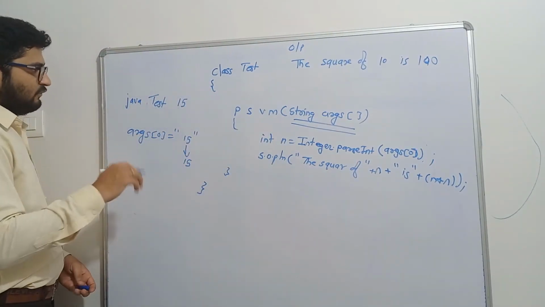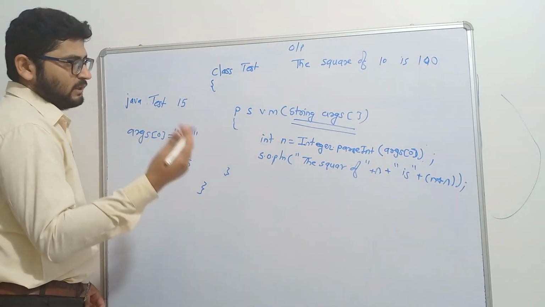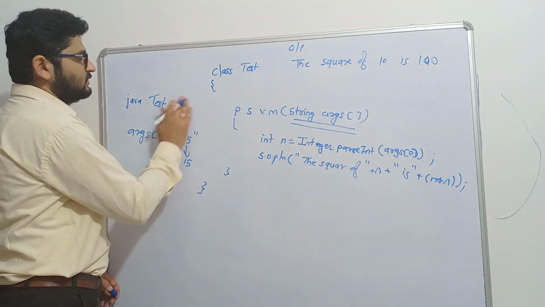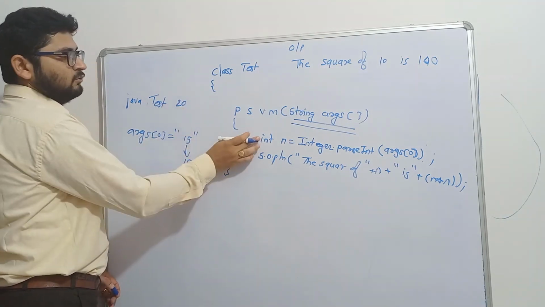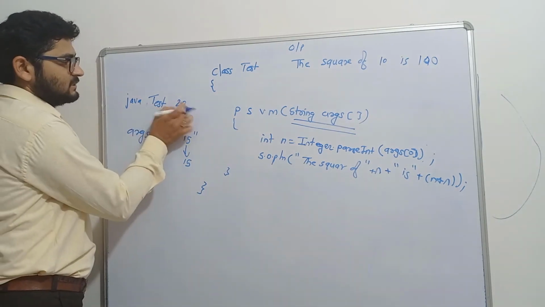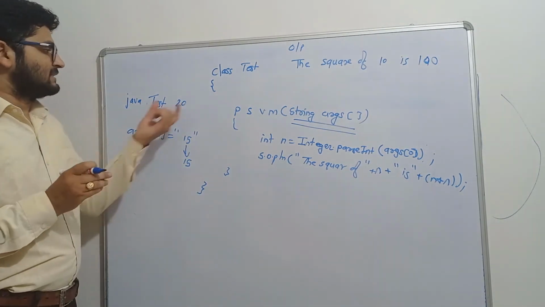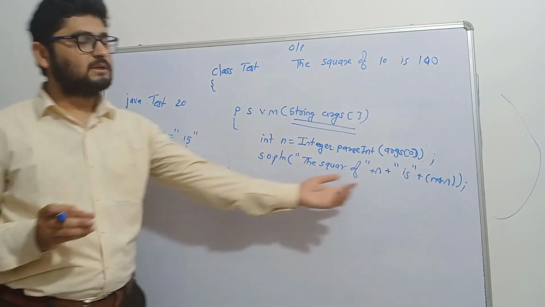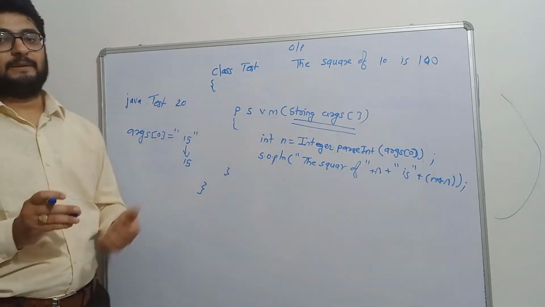Now again, if you want to find the square of, suppose, 20, you don't need to go and change the value of n. You just need to pass 20 as a command line argument, and you will get the output of the square of 20.